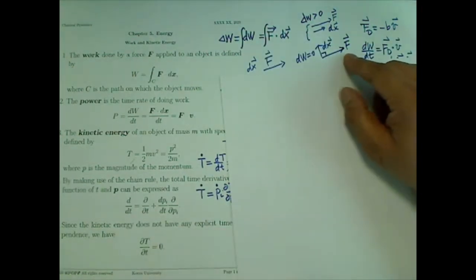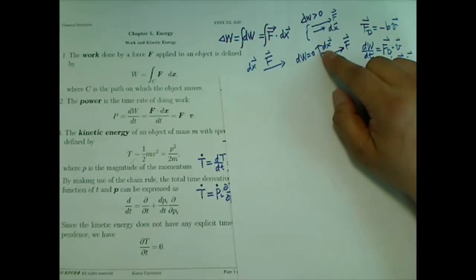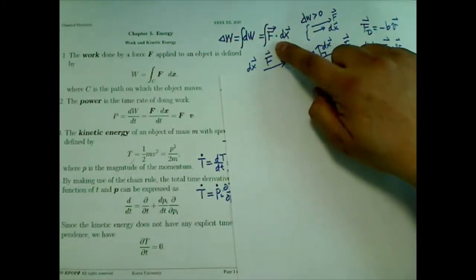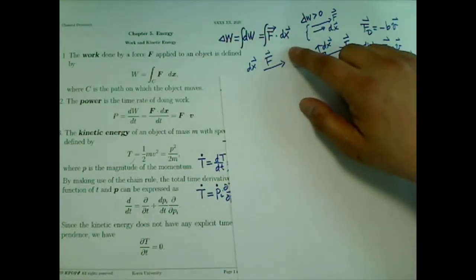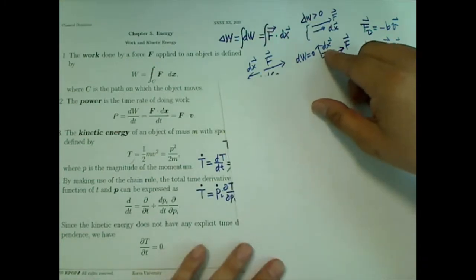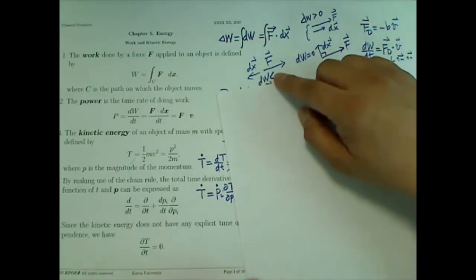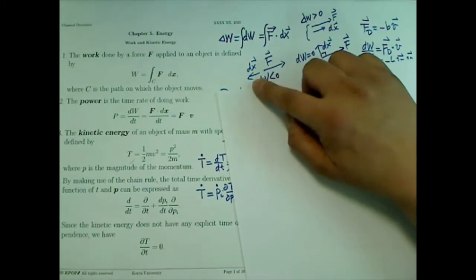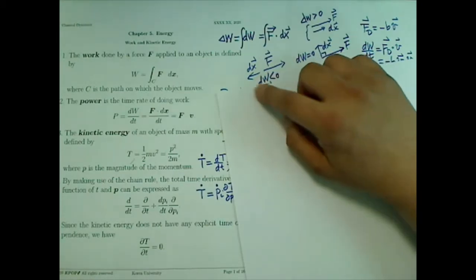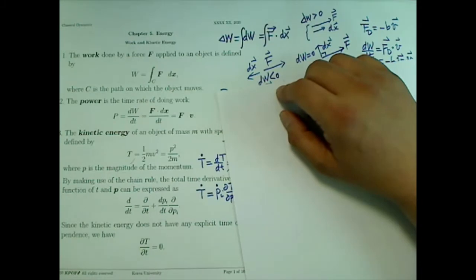If the force is perpendicular to the displacement, then the work is zero because the scalar product has a factor cosine theta, where theta is the angle between f and dx. If the force is opposite to the displacement, then cosine theta becomes -1 and the work is negative.